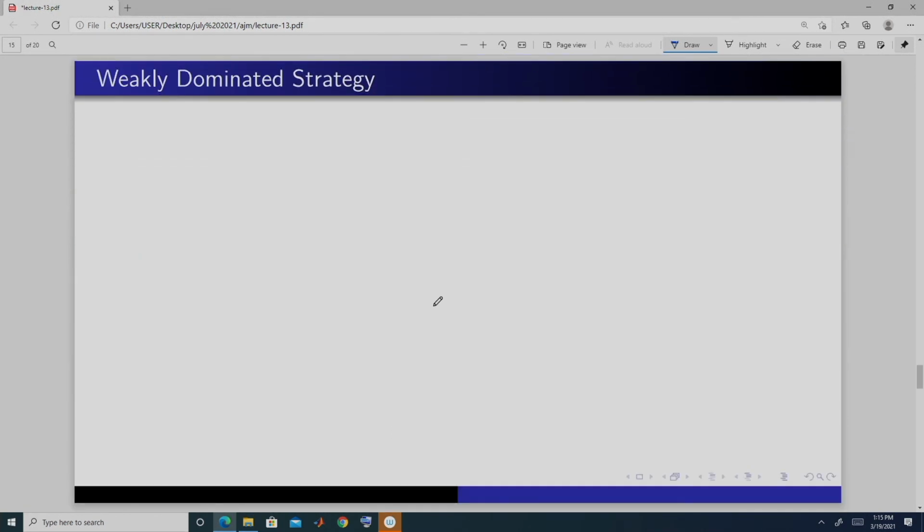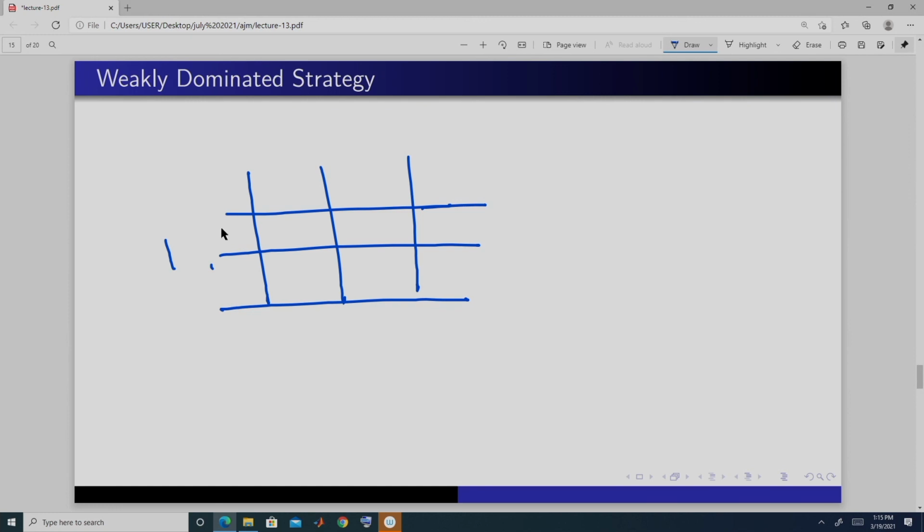So, see now here. If you compare the payoff of player 1, then you will see that for S and D, this is greater, but here it is the same.